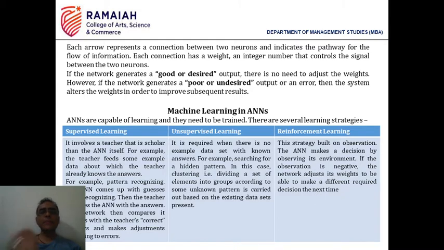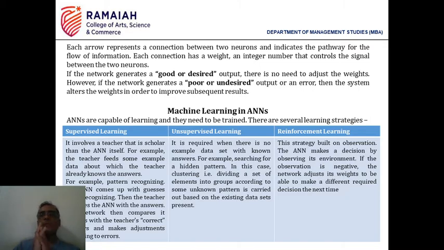Now let's see unsupervised learning. It is required when there are data sets with no answers. For example, searching for a hidden pattern. In this case, clustering, that is dividing a set of elements into groups, subgroups, according to some unknown pattern, is carried out based on the existing data sets. Now in reinforced learning, the strategy is built on observations.